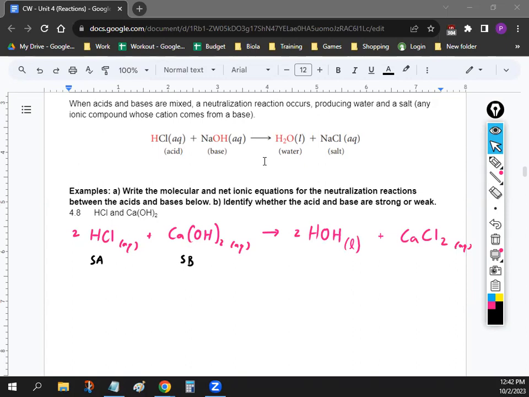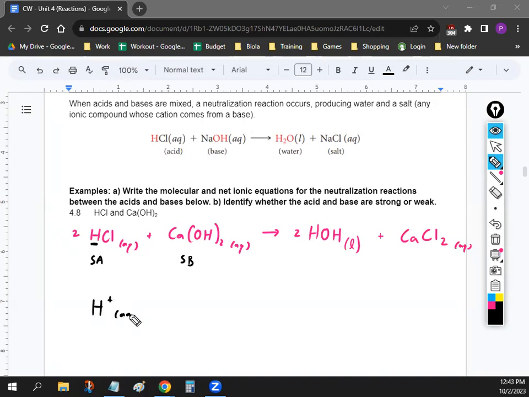Okay, let's do the net ionic, and I'm actually going to skip the full ionic equation. We're just going to go straight to the net, just to see what changes. Let's take a look at hydrogen. That's our first ion. Does hydrogen change its state of matter? Yes, it goes from something that's aqueous to a part of something that's a liquid, right? So we're going to have hydrogen in your net ionic, so we'll have H+.